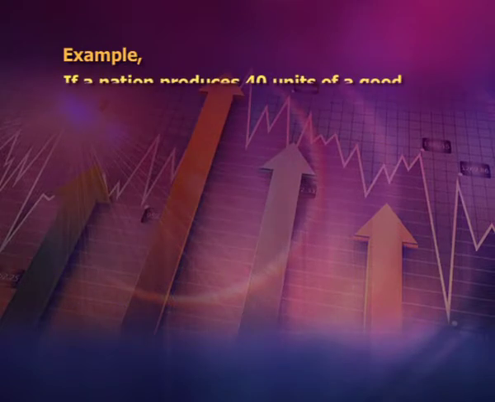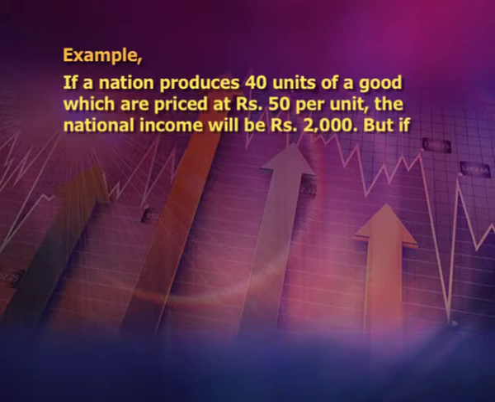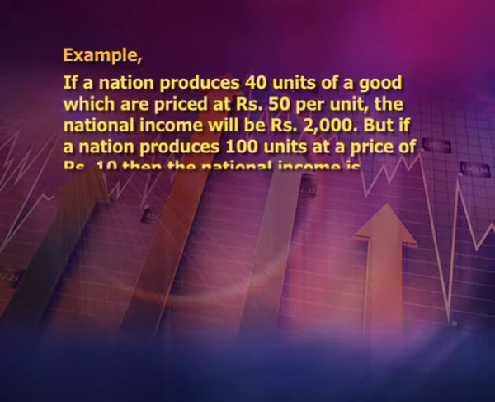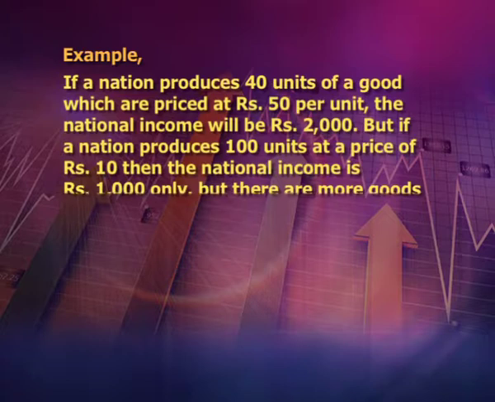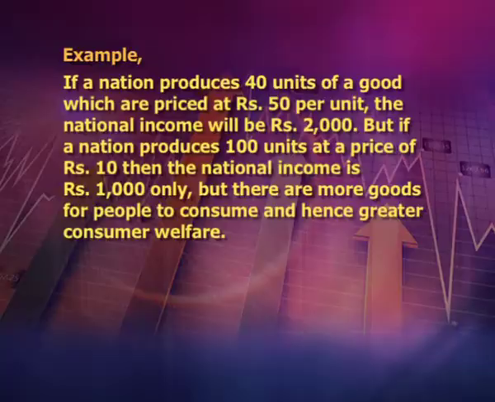Let us look at this example in another way. If a nation produces 40 units of a commodity which are priced at rupees 50 per unit, the national income will be rupees 2000. But if a nation produces 100 units of a commodity at a price of rupees 10, then the national income is rupees 1000 only, but there are more goods for people to consume and hence a greater consumer welfare is attained.